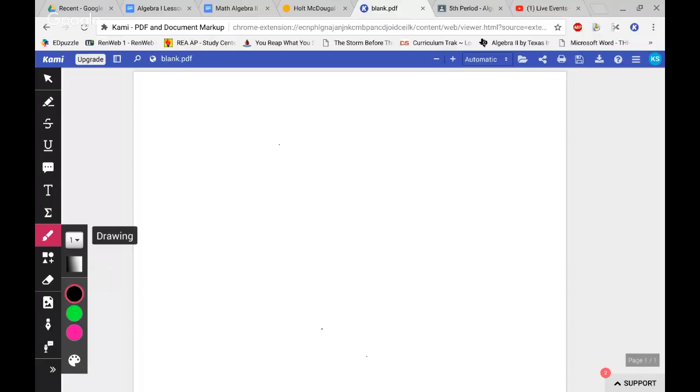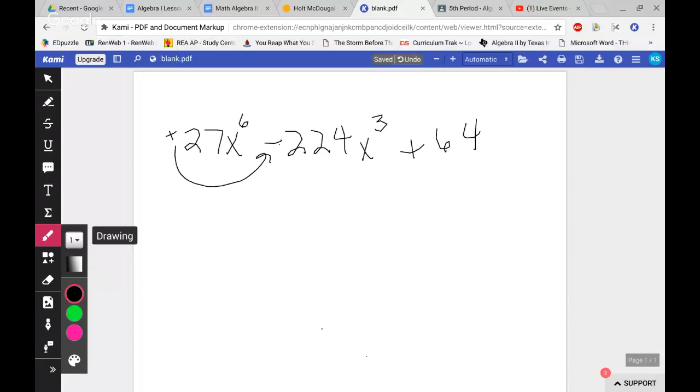Okay. 27x to the 6th minus 224x to the 3rd plus 64. Okay, there's an understood positive here. Agreed? So there's a sign change here, so that's 1. And then there's a sign change here, so that makes 2 sign changes.